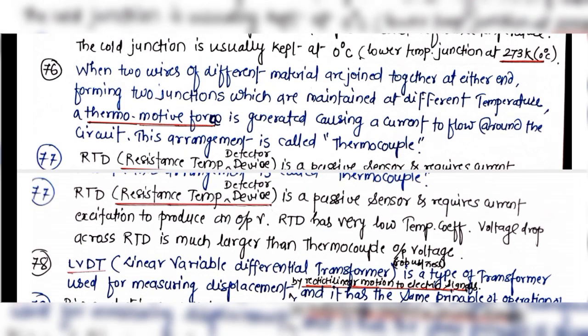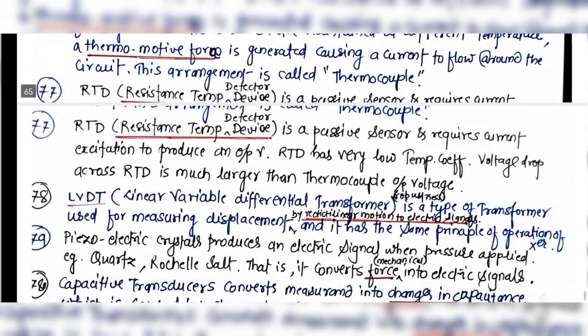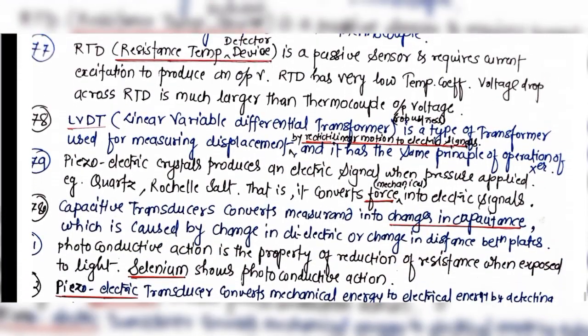When two wires of different material are joined together at either end, forming two junctions which are maintained at different temperatures, a thermoelectric force is generated, causing a current to flow around the circuit. This arrangement is called a thermocouple.